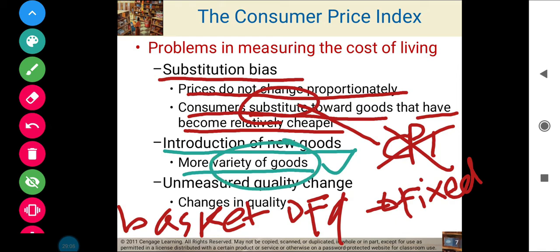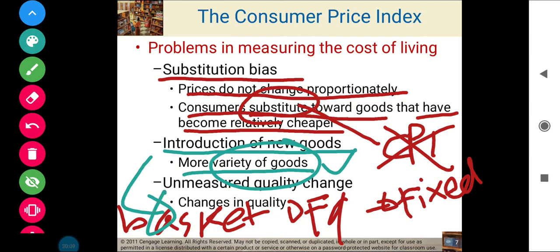The variety of goods allows the consumer to find products that more closely meet their needs. Usually, the purchasing power of money also increases, so the consumer needs less money than before. Therefore, this index cannot reflect the change in the purchasing power of money due to the introduction of new goods, because the CPI is calculated based on a fixed basket.